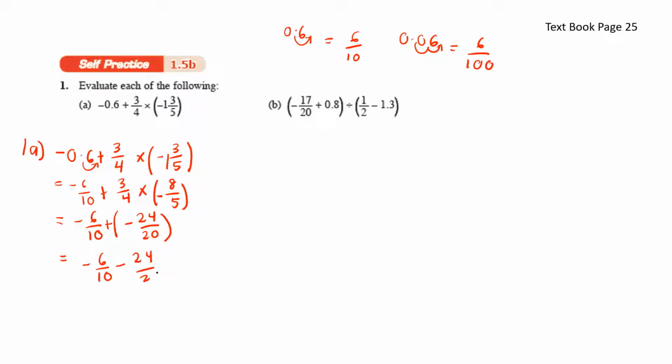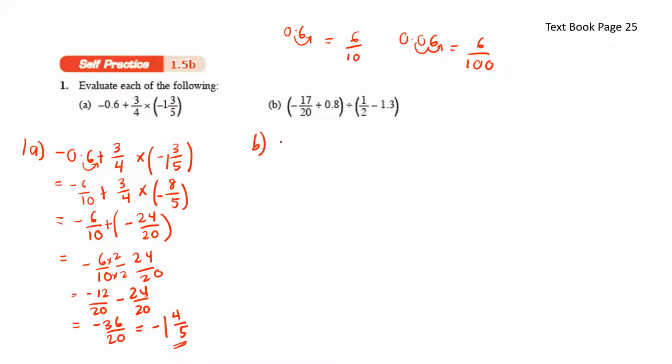So here we have negative 6 over 10 minus 24 over 20. Here we will times it by 2 to make sure the denominators are the same. That will give us negative 12 over 20 minus 24 over 20. And this will give us negative 36 over 20, which will give us negative 1, 4 over 5. So this is the final answer.